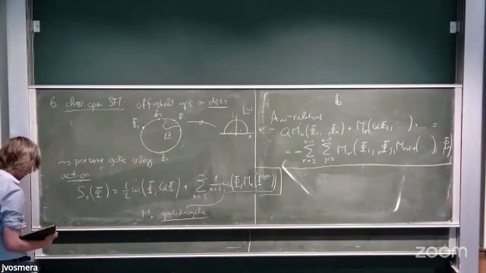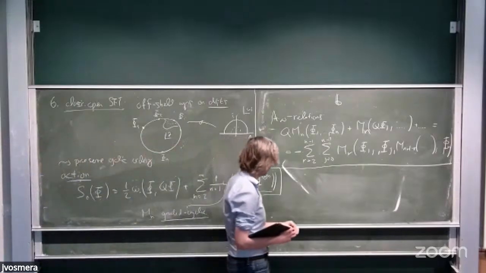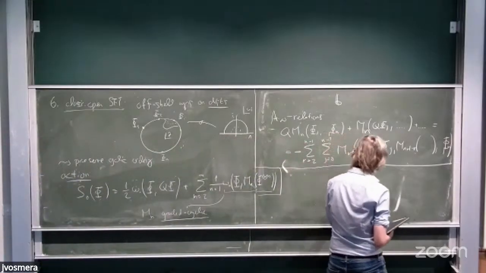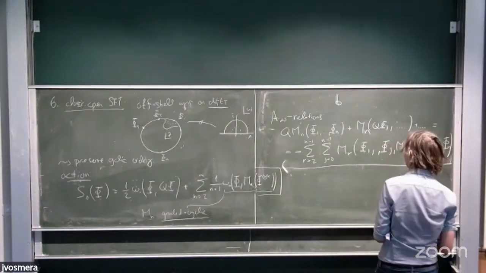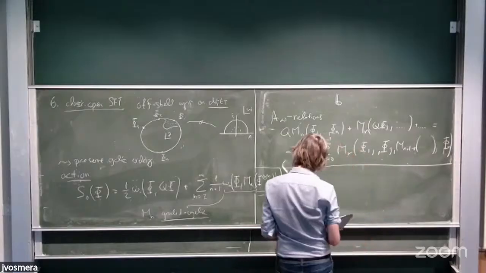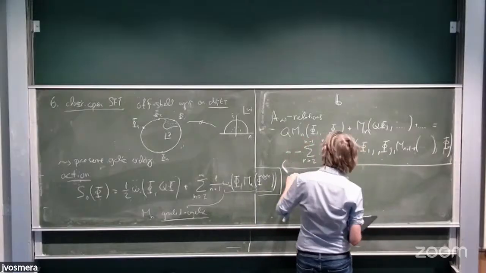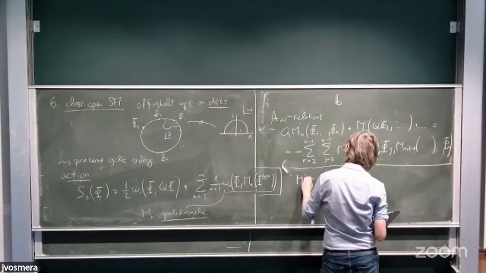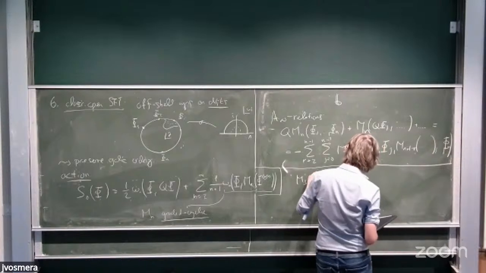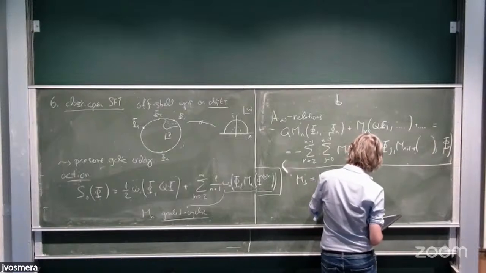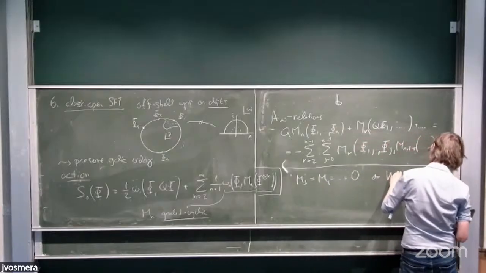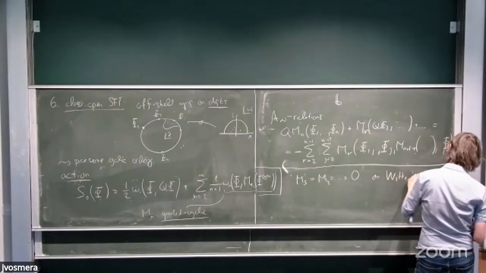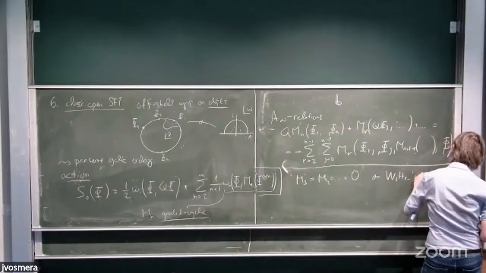So now, as I was saying, in the open string story, we are lucky enough to have a theory which is just cubic. That amounts to saying that there is a theory, Witten's OSFT, in which I can set M3 equal to 0, M4 equal to 0, and so on.